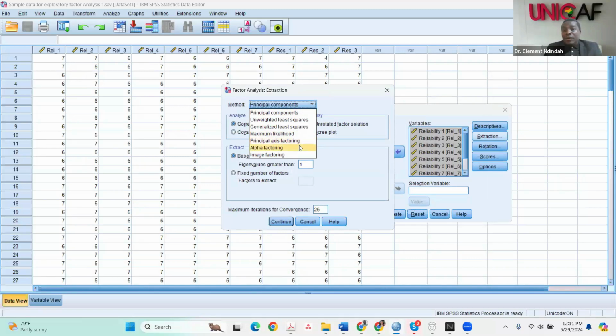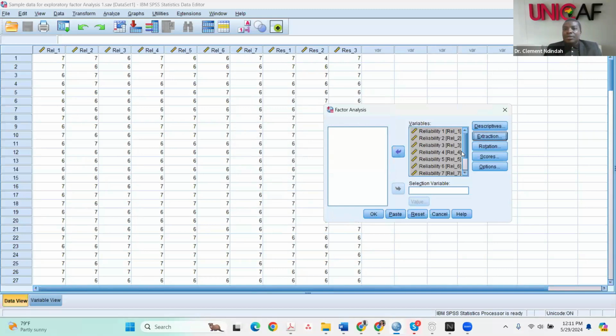But in our case, where you want to reduce your variables into categories and make sure your instrument captures the variability as you would like it to, we would recommend principal component analysis. Almost every factor analysis you would see around would choose the option principal component analysis. So we leave it on principal component analysis.